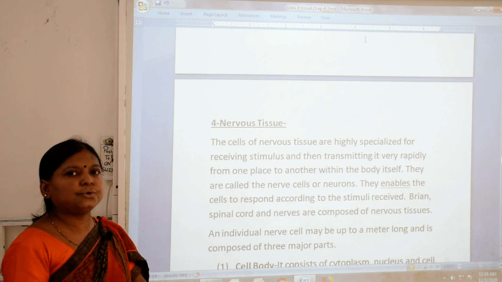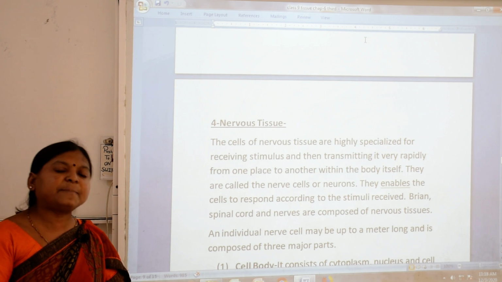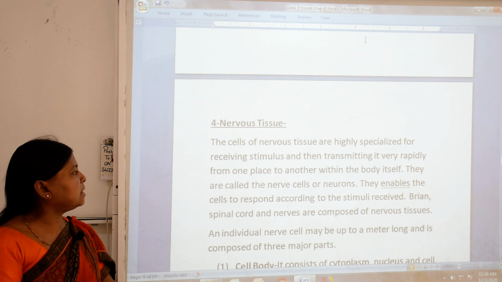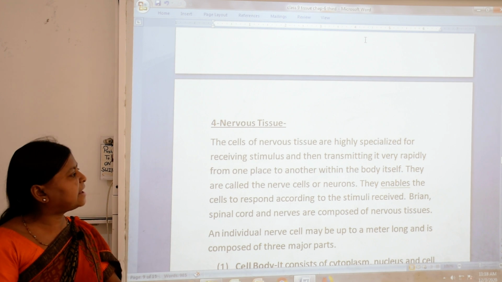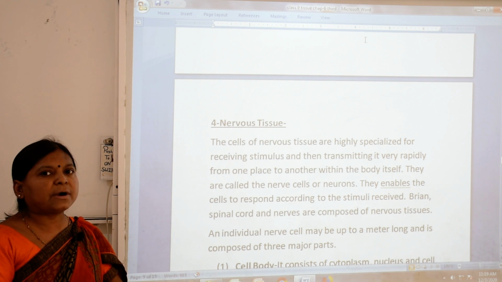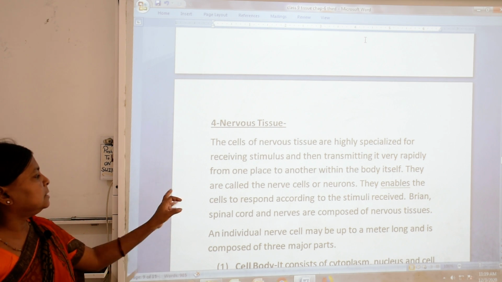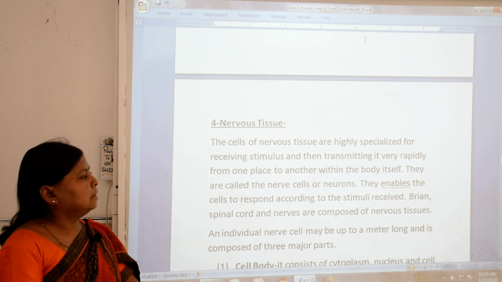Nervous tissue, do you know? The cells of nervous tissue are highly specialized for receiving stimulus and then transmitting it very rapidly from one place to another within the body itself. They are also called nerve cells, or neurons.